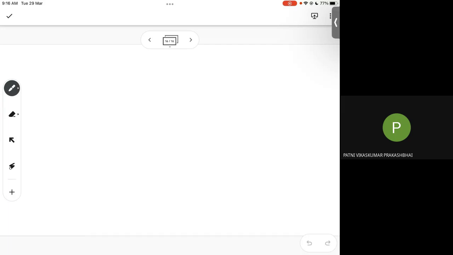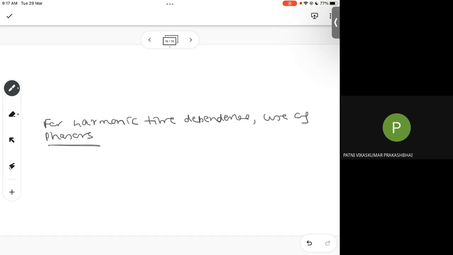So for harmonic time dependence equations like this, we use what we call the phasor concept, which will simplify our equations.